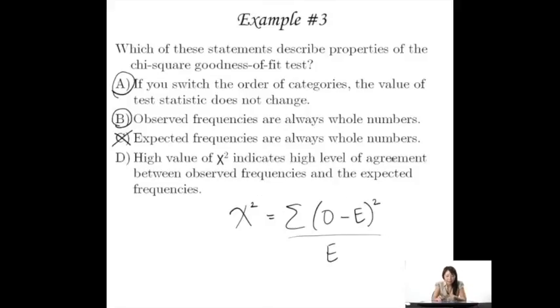If we had a high level of agreement, this number would be very small. And because this numerator is small, the chi-square would also be small. A high value of chi-square would actually mean that this is quite large compared to this, right? And so this is actually also wrong. It's the opposite. All right, so that's it for the chi-square goodness of fit test.